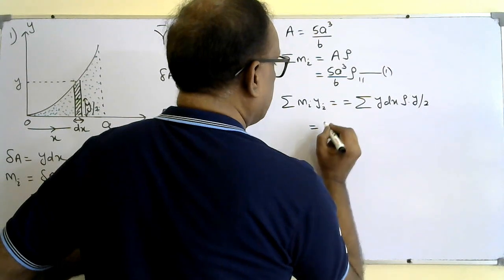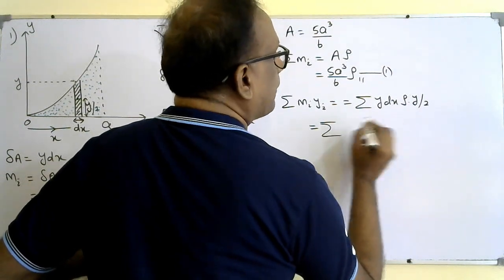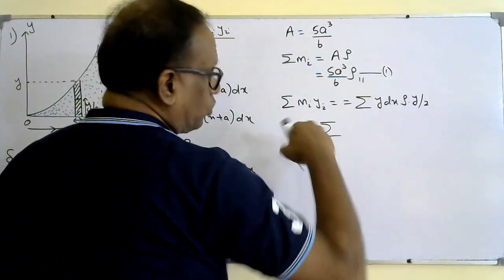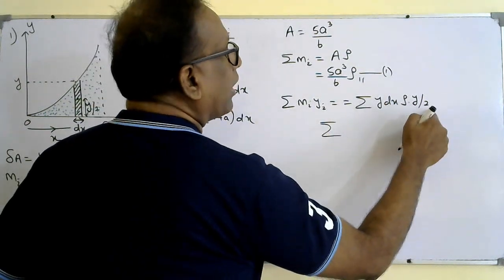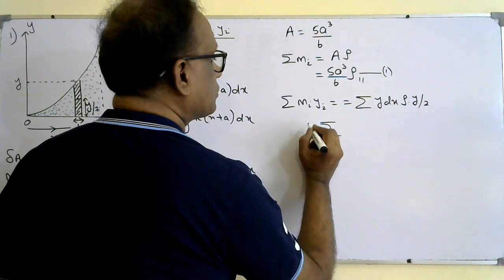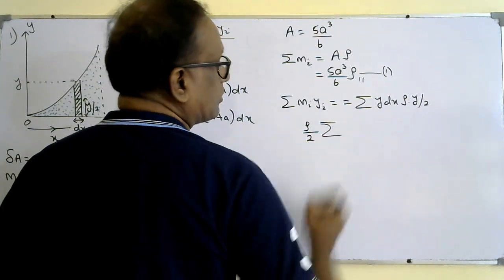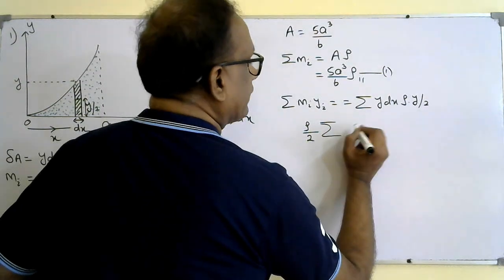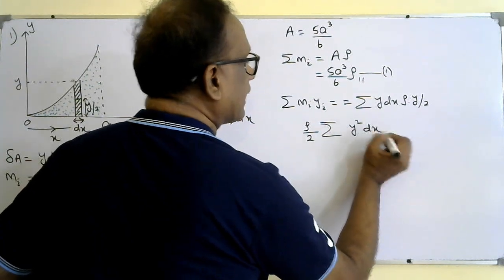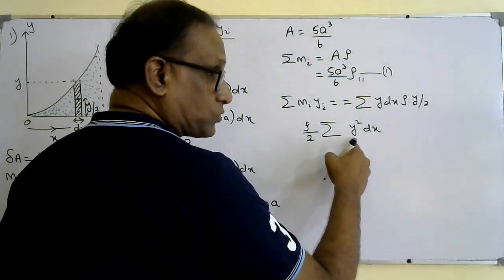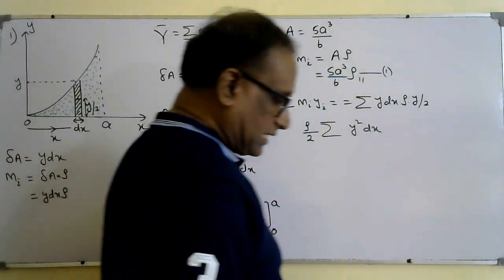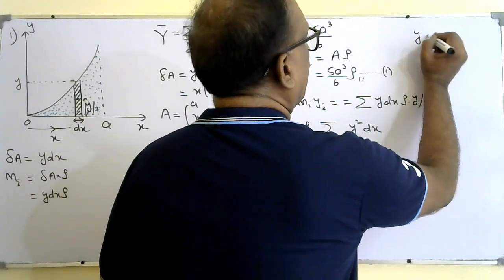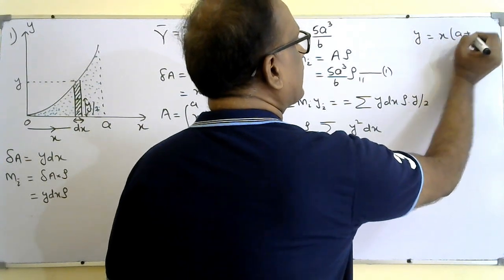So it's going to be sigma. I can take the rho out, anyway that rho will get cancelled with this rho. Rho by 2 I can take out, into sigma y squared dx. The variable y squared can be replaced by the given equation, y equals x into a plus x.